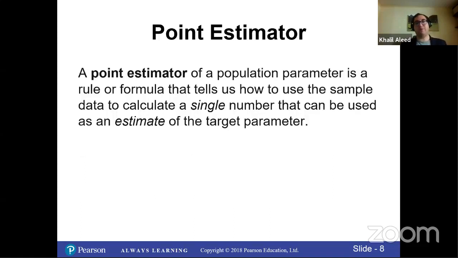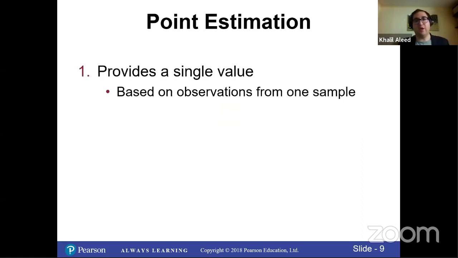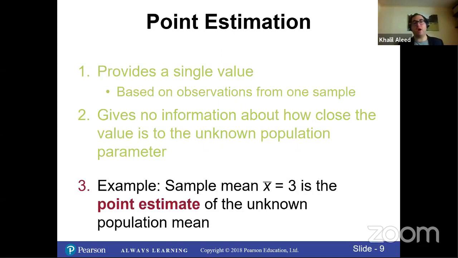Now, remember we said that estimation breaks down into point estimate and interval estimate. With a point estimate, by using the sample we have, we are trying to estimate an exact single point of the population parameter.